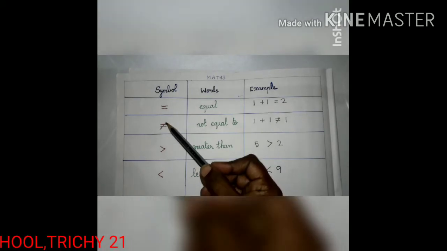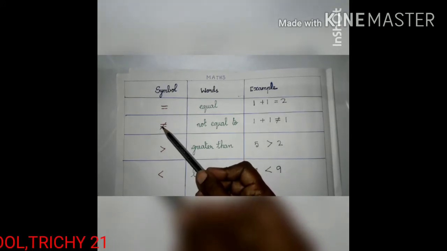See, look at this sign. What is it? Not equal to sign. See, equal sign, then put one cross mark. Okay. See, equal sign, then crossing here.